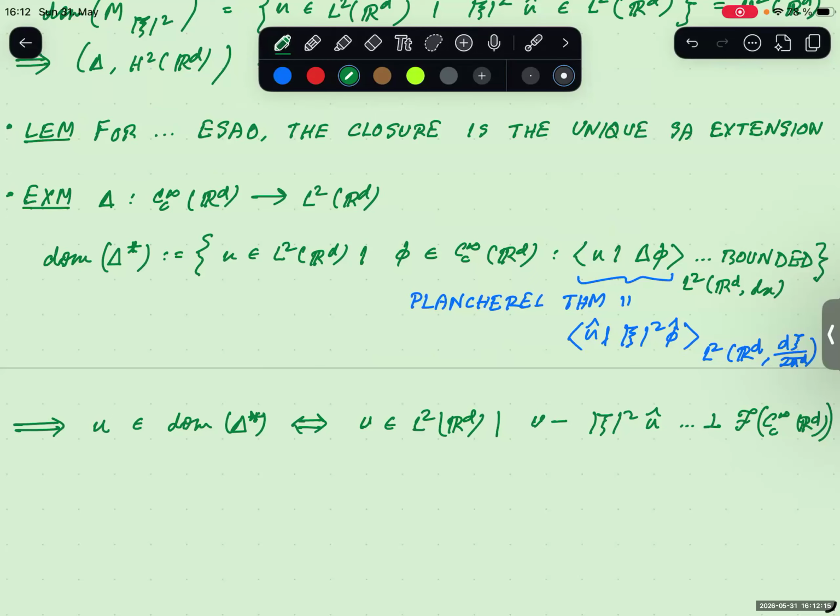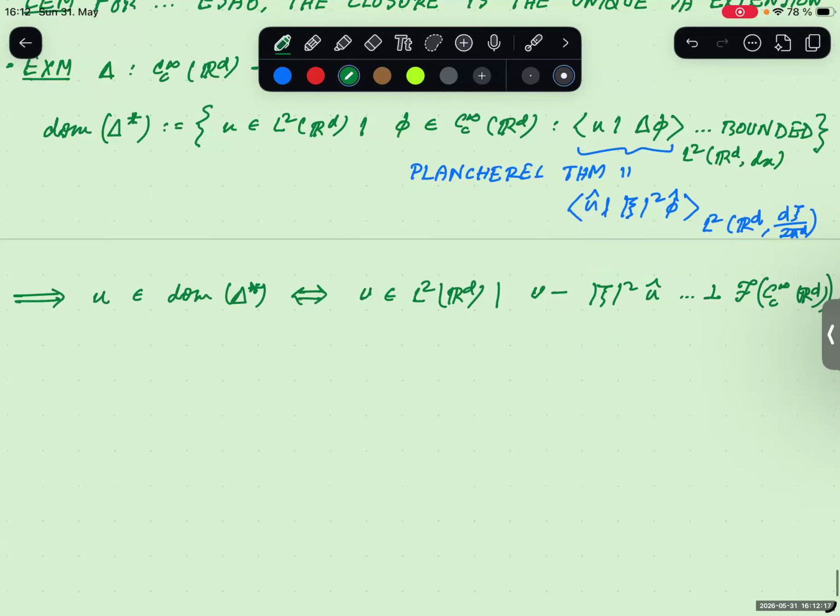Yeah. Okay, but what does this imply? This implies that v equals psi squared times the Fourier transform of u. Why? Because the space of compactly supported functions is a dense subset. Okay, right.